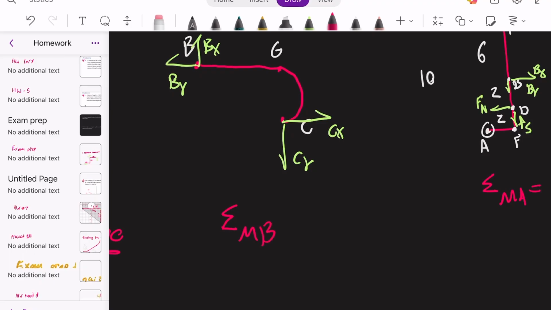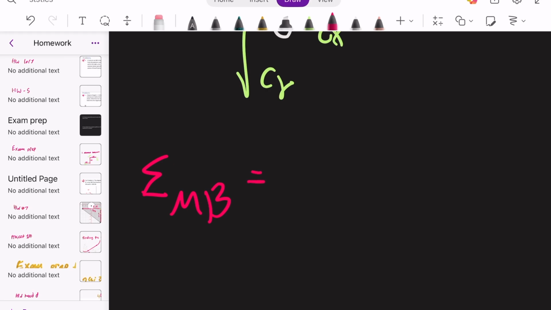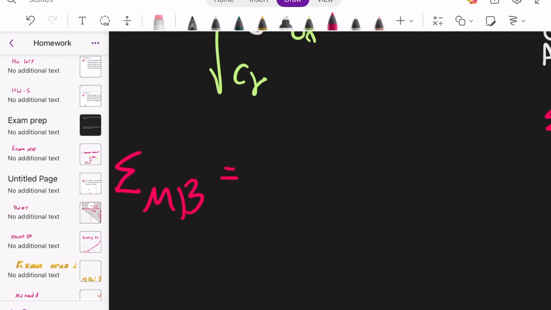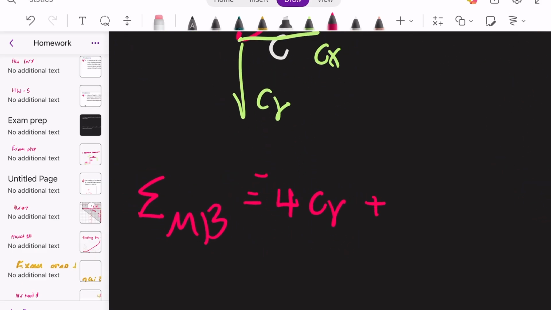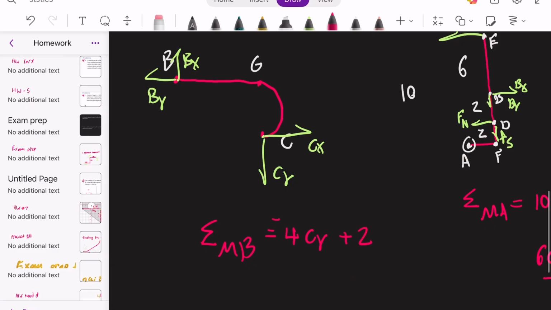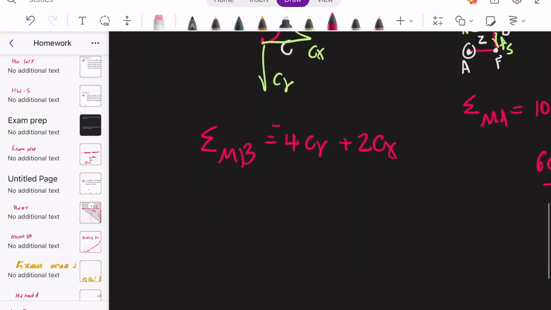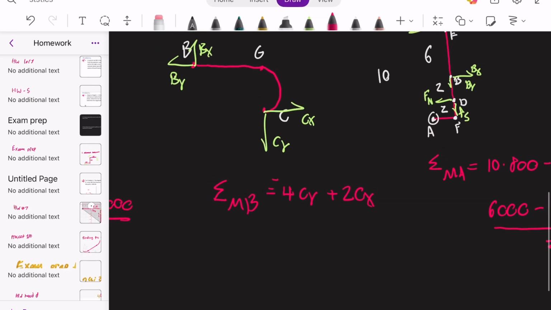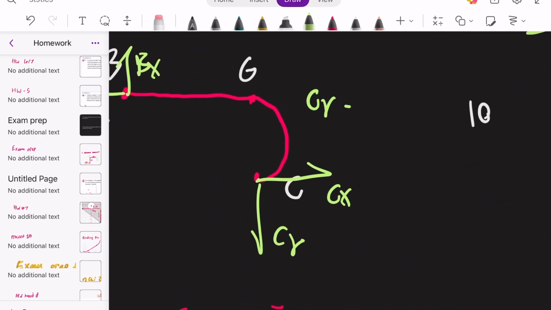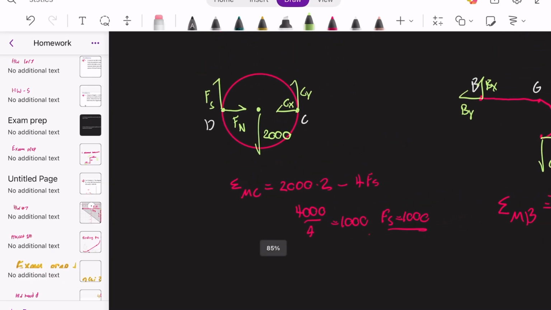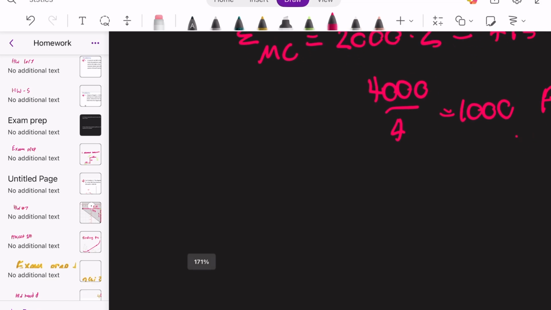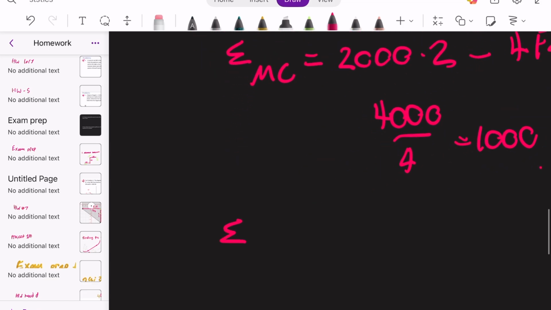Because we still don't know Cx equals 4 times Cy, and that's me negative, plus 2 times Cx, and then we know Cy equals, oh wait, no, I guess I never found Cy. All right. We're going to take the sum of forces about our first member.